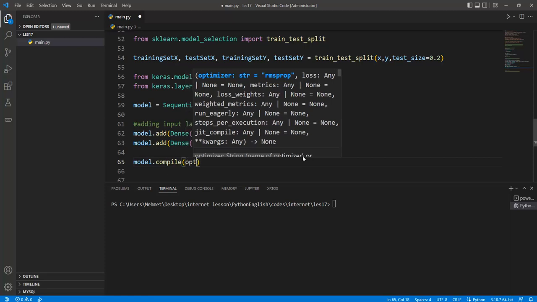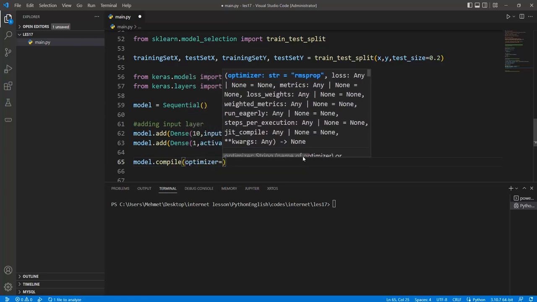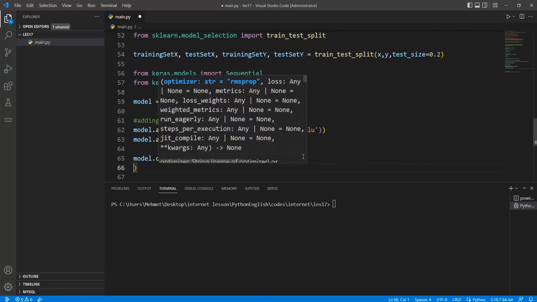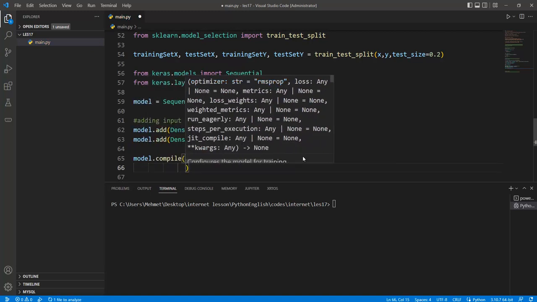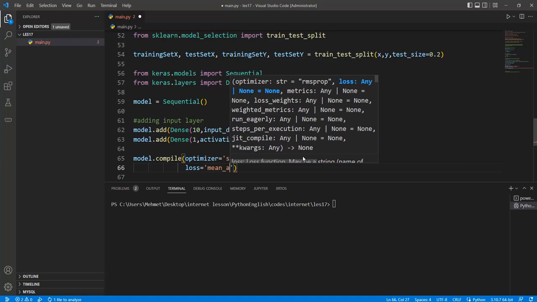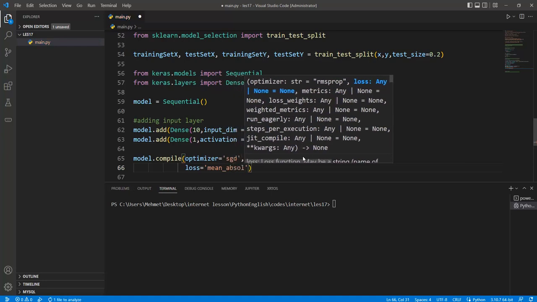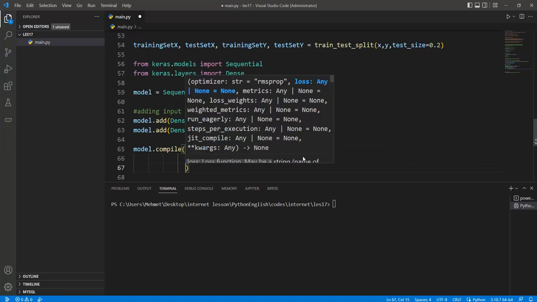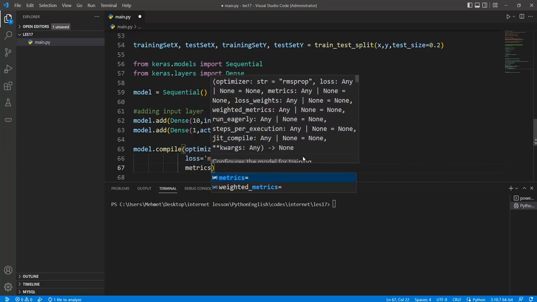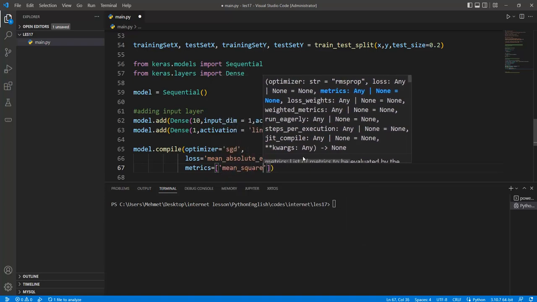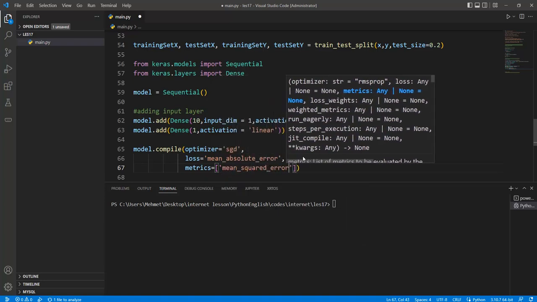The optimizer is equal to standard gradient descent, and the loss function, which is the error function or cost function, is the mean absolute error. And also we can give some metrics, such as mean square error, coming from this data.